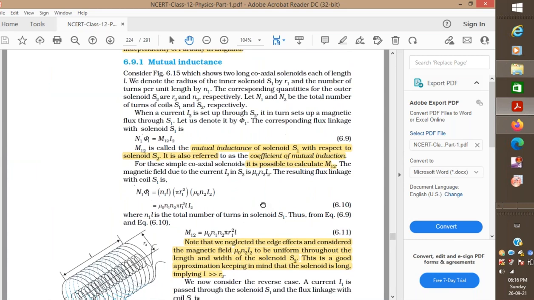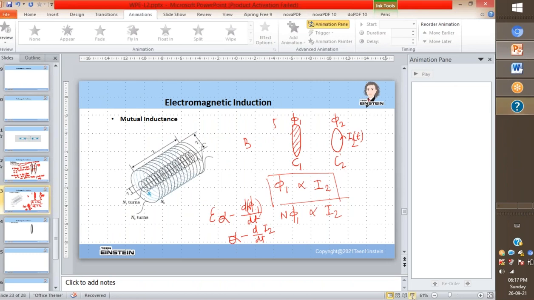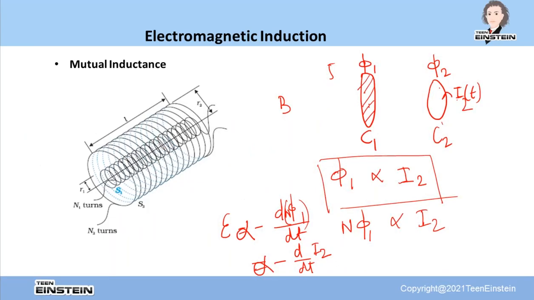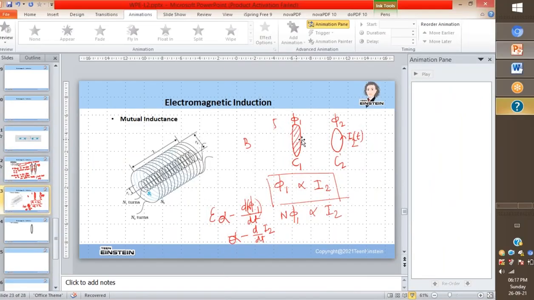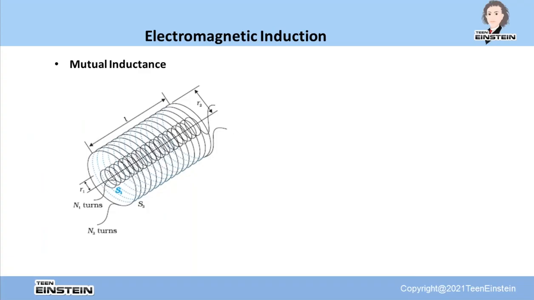Here you can see. I'll just show you in my presentation. Just a minute. I'm just going to see how mathematically we can calculate the mutual inductance.